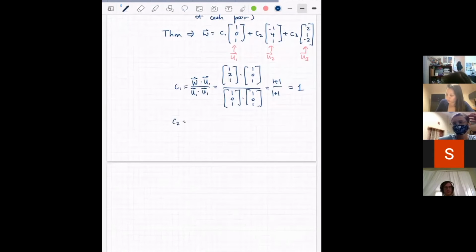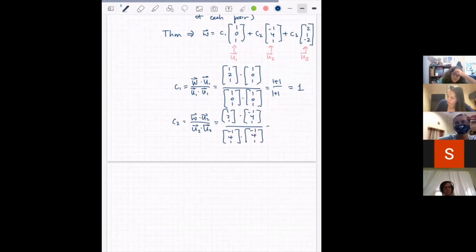Then we can do the same thing for C2. We take W dot U2 over U2 dot U2, which is (1, 2, 1) dot (-1, 4, 1) over this dotted with itself. That gives us -1 plus 8 plus 1 over 1 plus 16 plus 1.